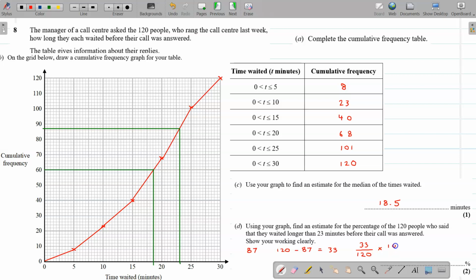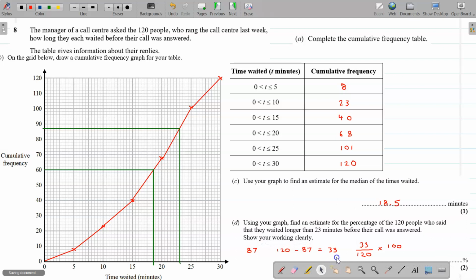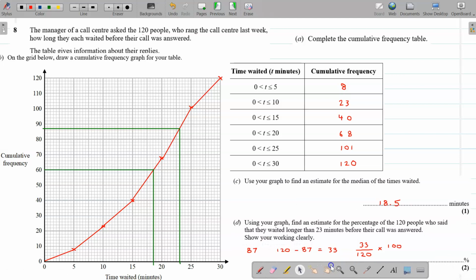If you times that by 100, that turns it into a percentage, so that's 33 divided by 120, and that gives you 27.5%. I'm just going to put that on the answer line there. 27.5.